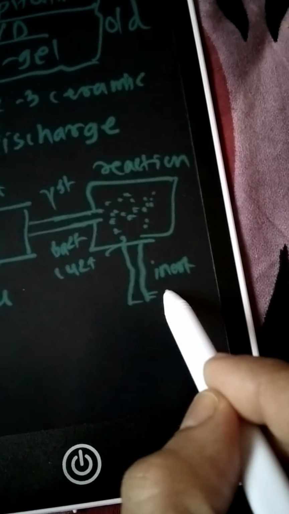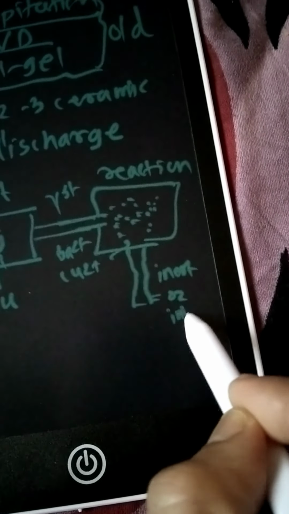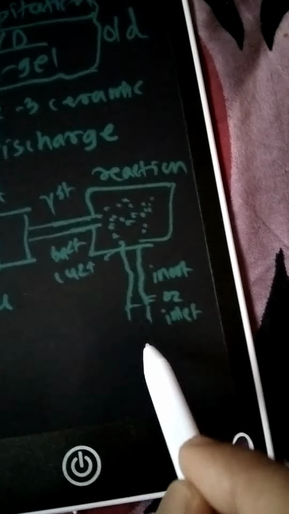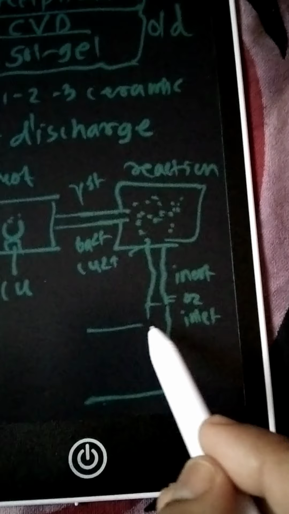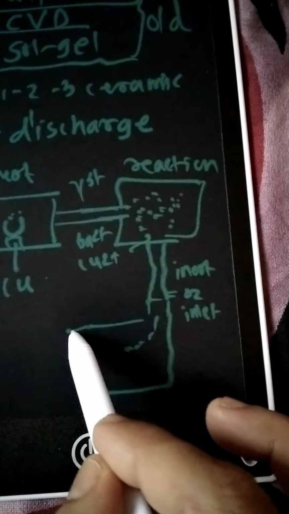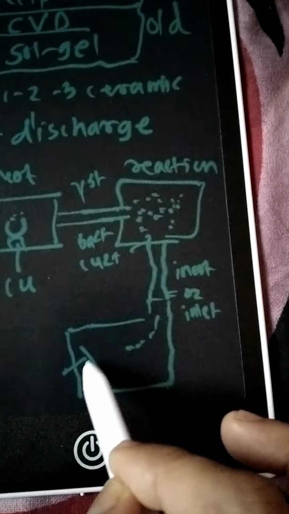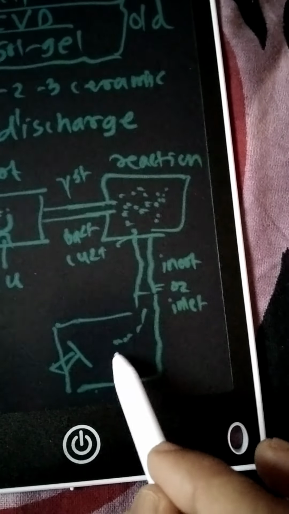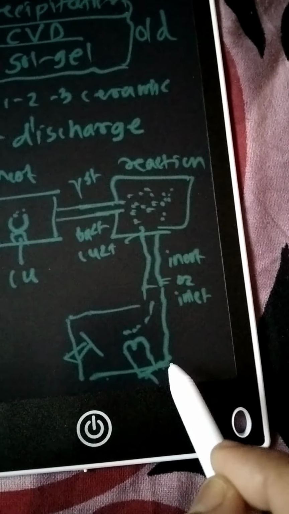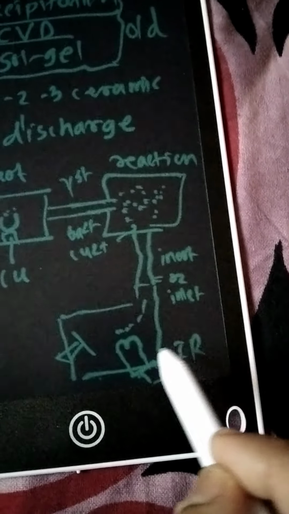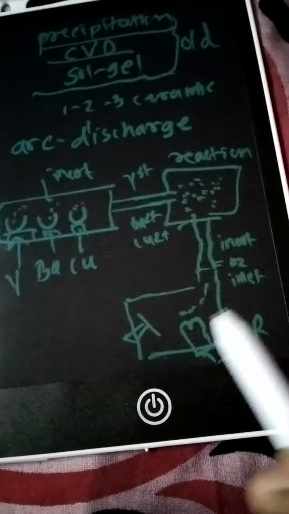Some oxygen inlet is there, oxygen is passed in that pipe, so here they get oxidized, and this total discharge of vapor is thrown on a support. Here the discharge is done for the vapors with an IR lamp. So the IR lamp is used in the last chamber.